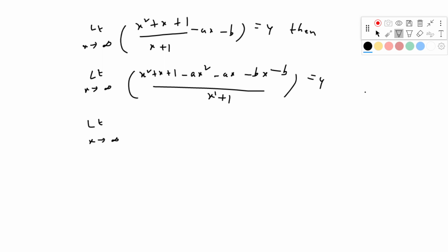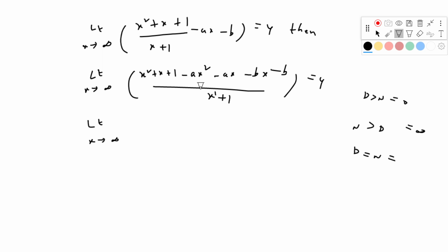If the numerator power, that means the upper one, is greater than the denominator power, then the value should be infinity. When the denominator power equals the numerator power, you have to take the coefficients, this coefficient by this coefficient.